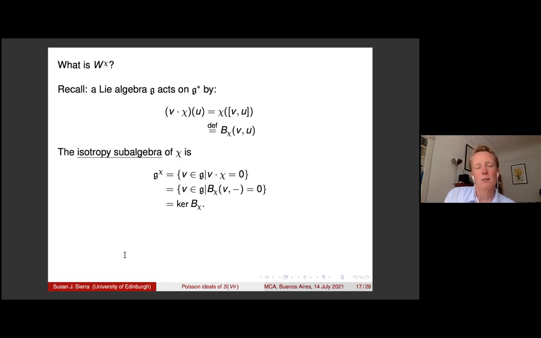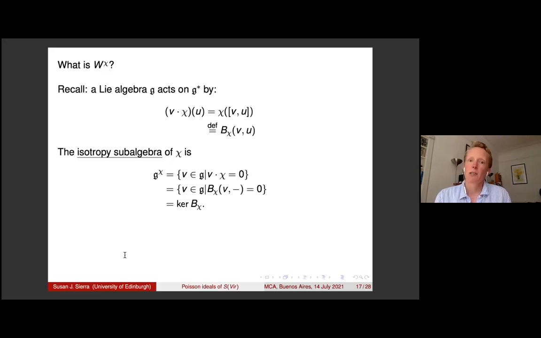So what about condition 3? What is this isotropy subalgebra? Well, any Lie algebra G acts on the dual space. You first bracket 2 elements together and then apply the function you're thinking about to get a new function. You can look at this as defining an alternating bilinear form on the Lie algebra, rewriting it slightly.